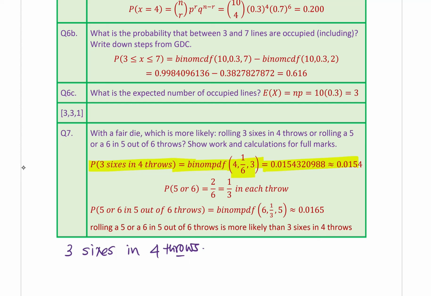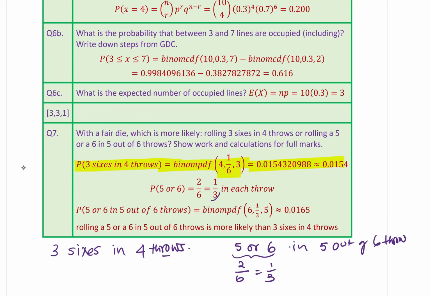Now, the second part is the probability of rolling a 5 or 6 in 5 out of 6 throws, right? That's the question. Now, what is the probability of 5 or 6? Well, the probability of 5 or 6 is 2 out of 6, which is 1 over 3. So in our function, we have used this probability of 1 over 3 to calculate the answer.